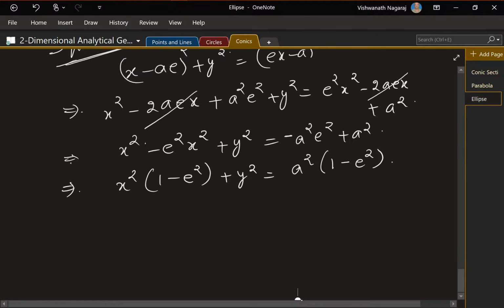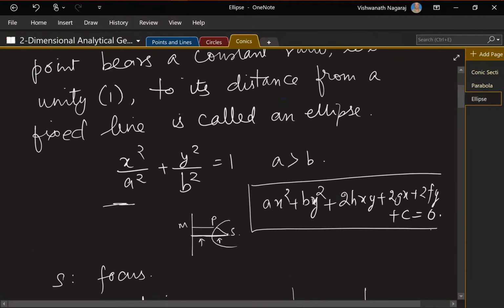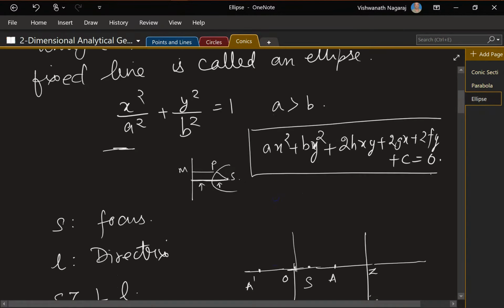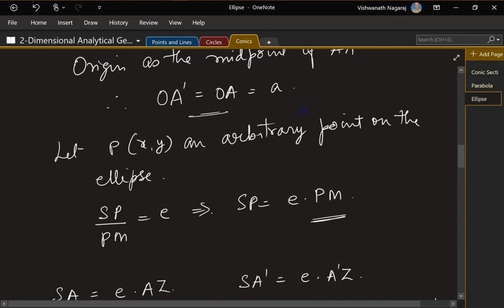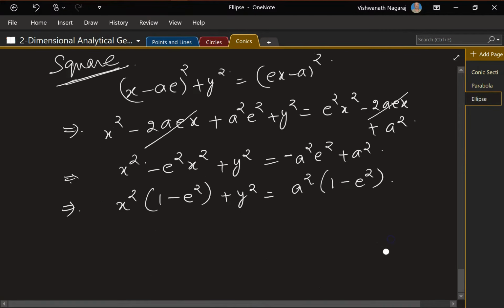Now, to get rid of this on the right hand side, if you remember, the equation is x square by A square plus y square by B square. We don't want 1 minus E square, so we have to get rid of it. One way of getting rid of it is to somehow convert this into 1. Which means we divide the entire thing by A square (1 minus E square).